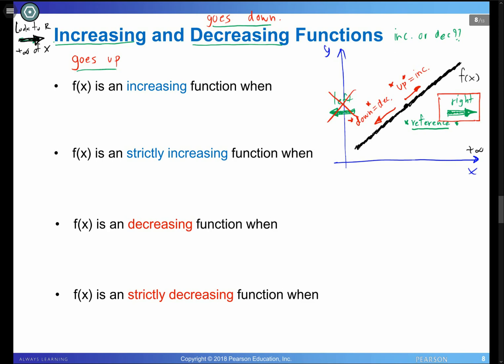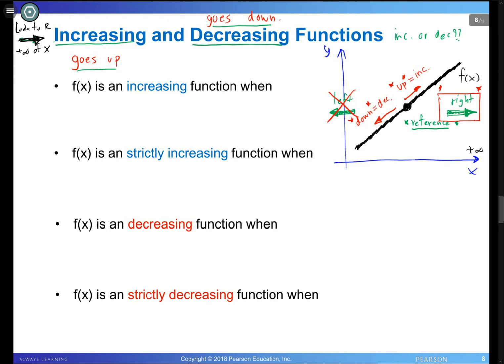Okay, so now it's clear. We have to specify the way you look at the graph, and that has to be the positive infinity of the x variable. Okay, a little bit confusing, but if you think about it, it matters how you determine this property. You have to look at it the right way.